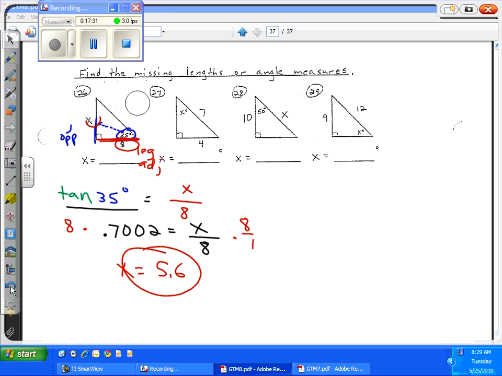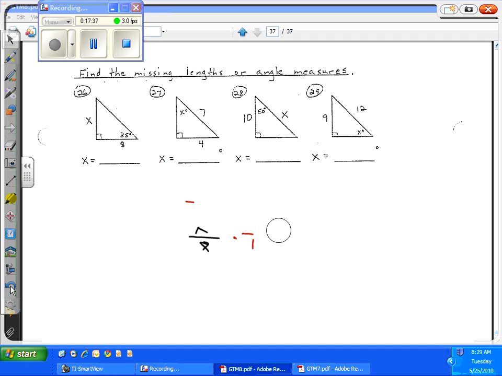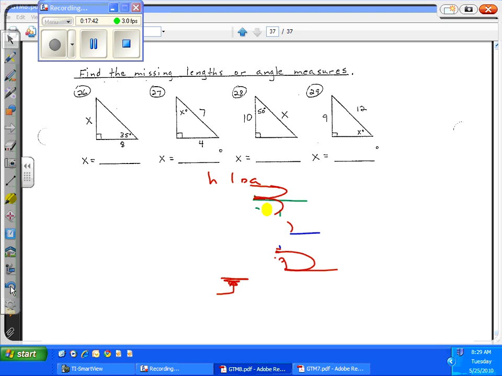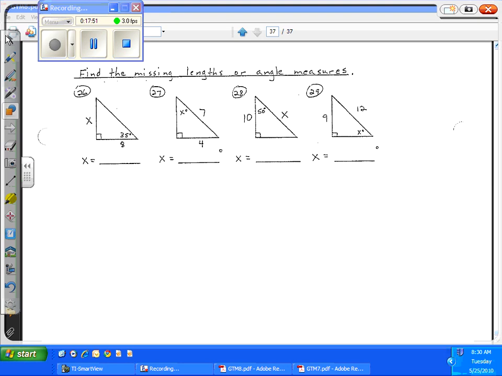Number 27. Let me clean that up. All right, we're looking for the angle x. So that has to be our angle because that's what we're looking for.